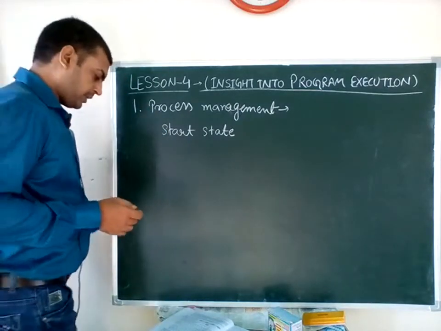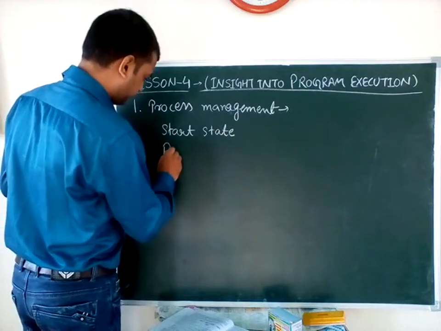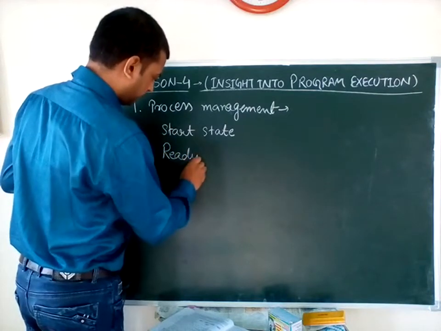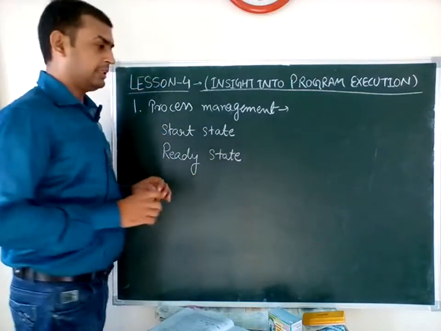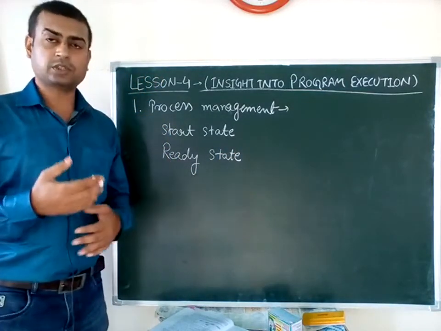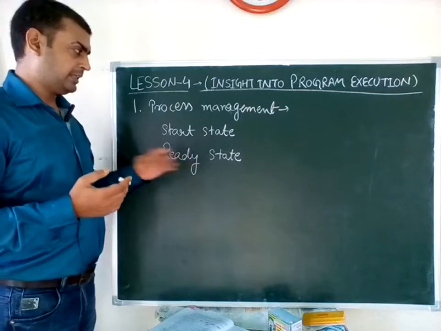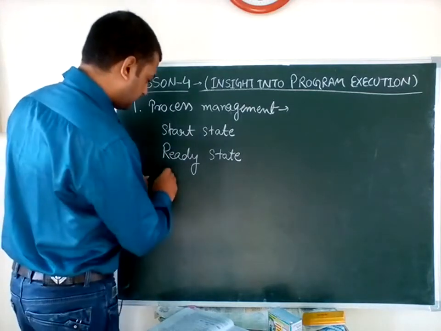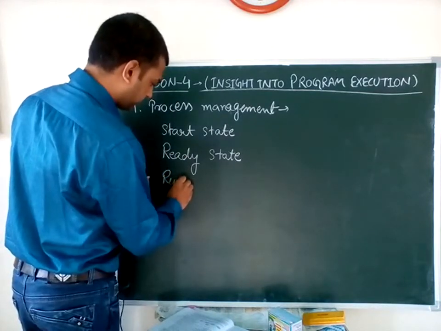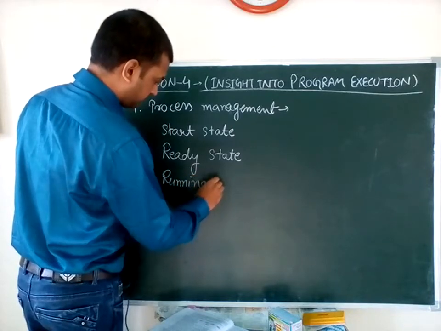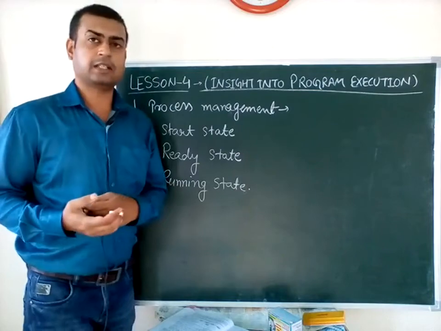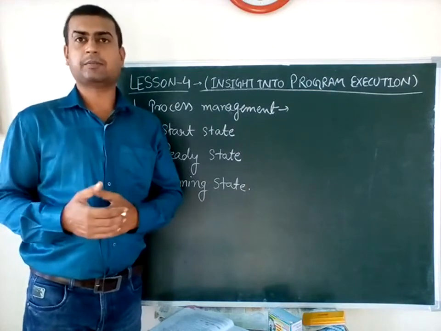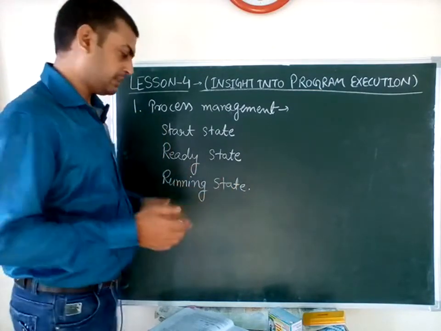Next is your ready state. If the program is ready for its execution inside the memory, then it is called ready state. Next is the running state. Running state means if the program is running inside the memory, then it is called running state.